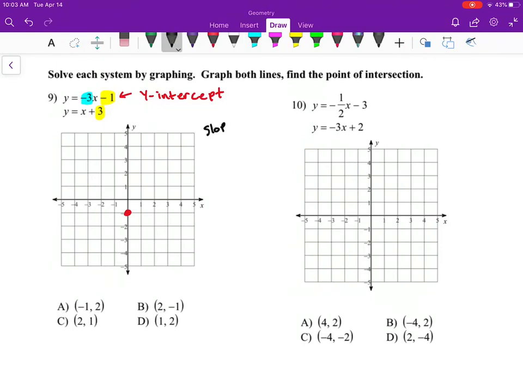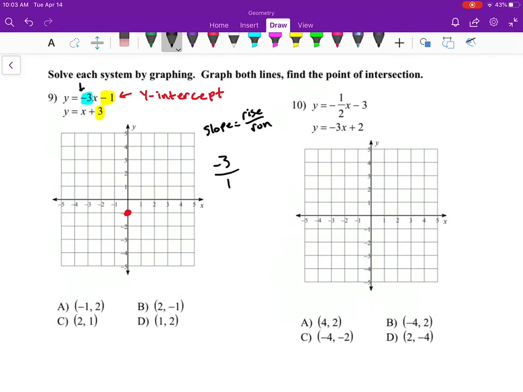So if my slope in that first equation is negative 3, that's the same as negative 3 over 1. In other words, rise over run, I'm going to rise negative 3, so I'm going to go down 3, and run positive 1, or go to the right 1.